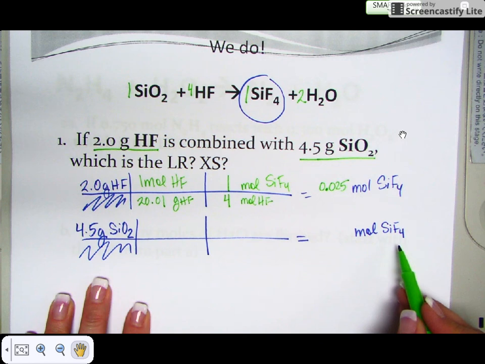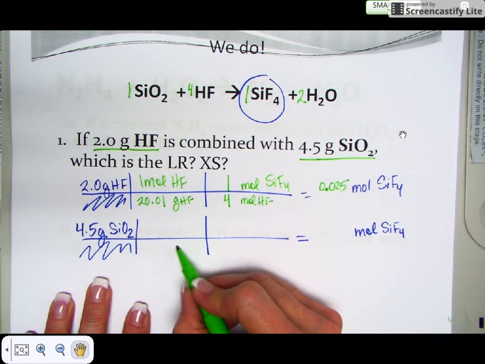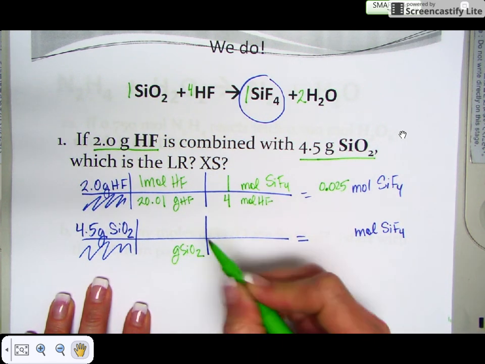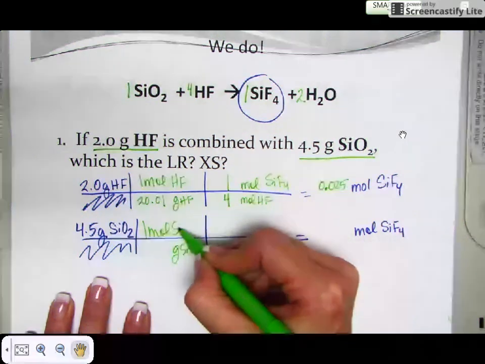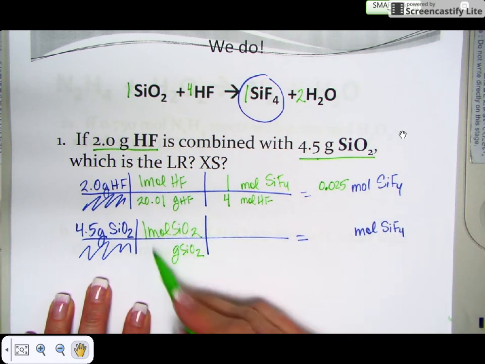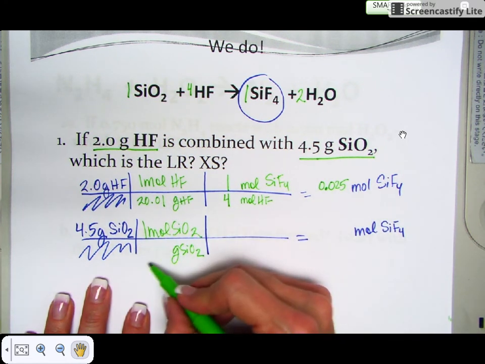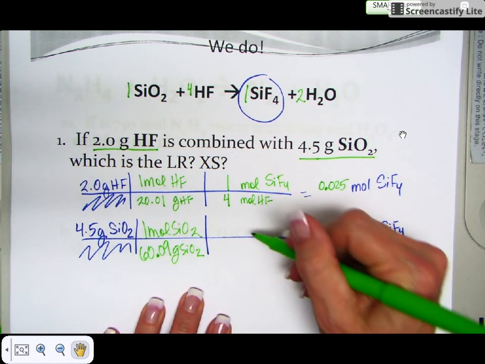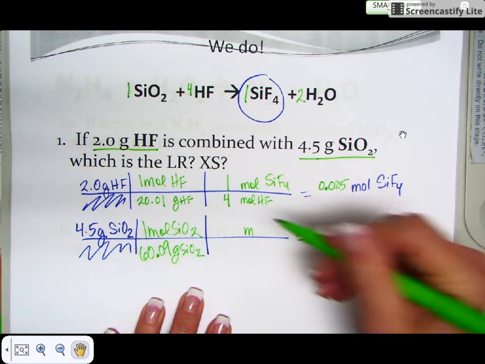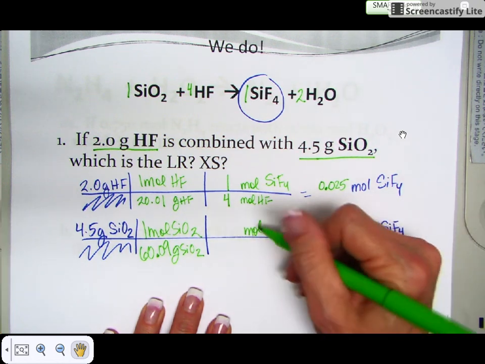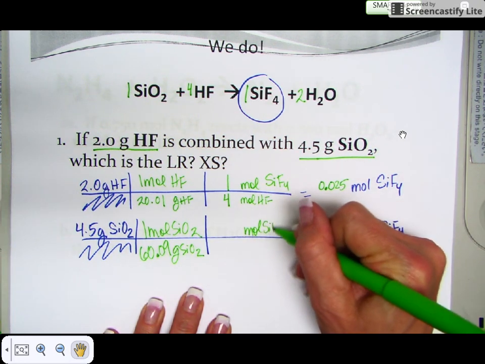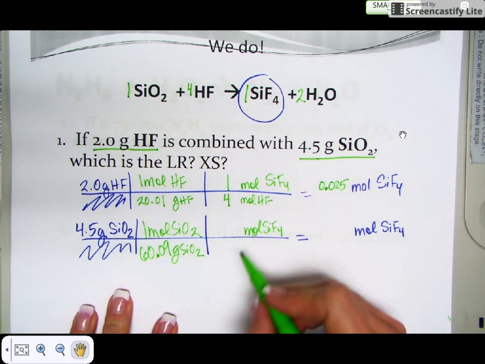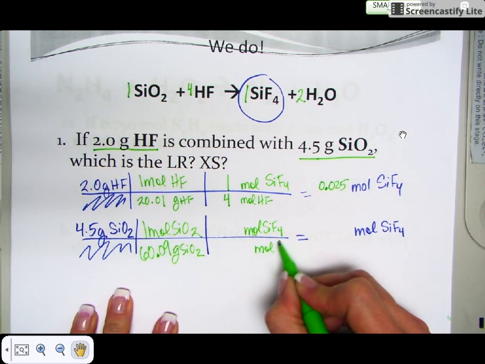Doing the same thing with the other reactant. So we need grams of silicon dioxide on bottom, 1 mole of silicon dioxide on top. Find the molar mass of silicon dioxide, you'll get 60.09. Again, I'm going to work through these pretty quickly because there's only a 10-minute limit on this video. So if you wanted to pause the video, you certainly can.